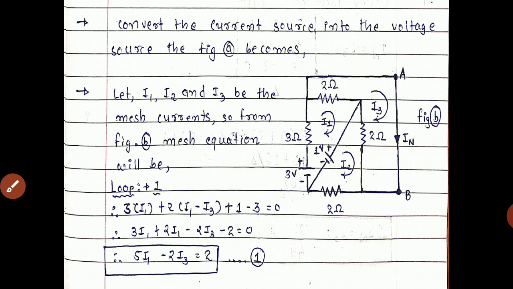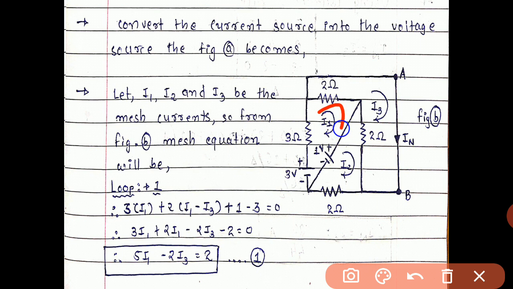Then we go forward: plus to minus means discharging mode, so plus 1 we write over here. Again from this side, minus to plus means charging mode, so this source is considered with a negative sign, so minus 3 equals 0. Simplifying all these terms, we get equation number 1, that is 5I1 minus 2I3 equals 2.